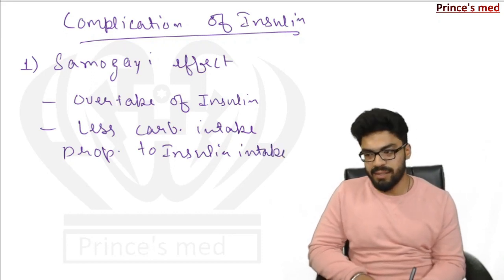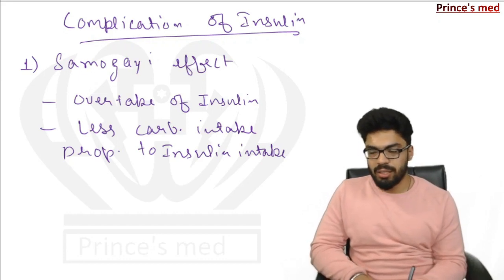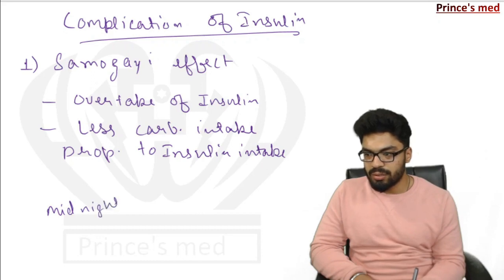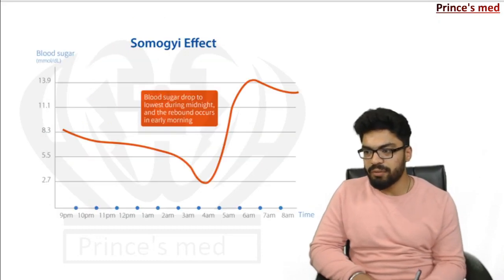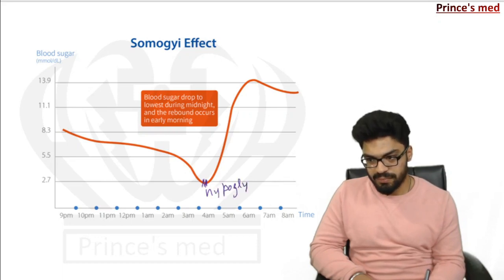What happens in this phenomenon? In this phenomenon, during midnight, like the patient slept at 9 p.m., we will see in this graph, and at 4 a.m. hypoglycemia takes place.